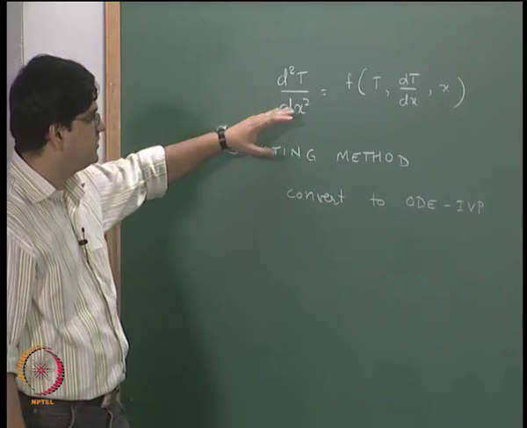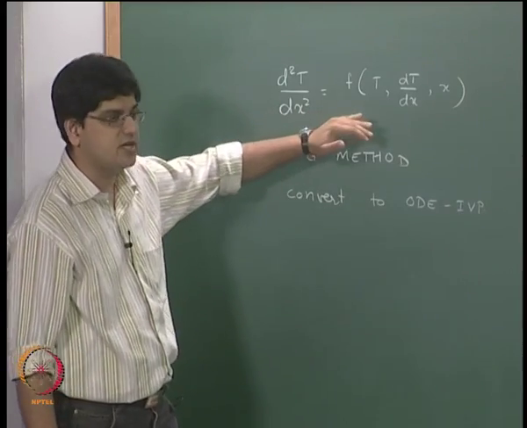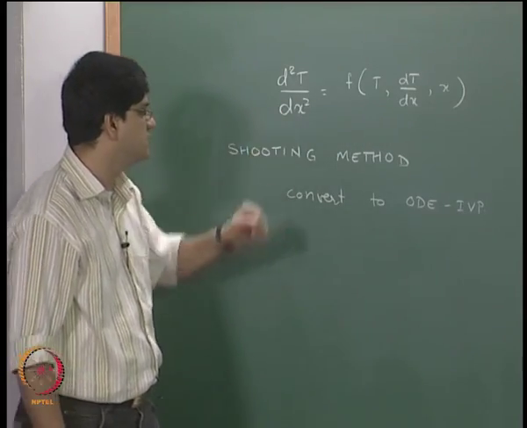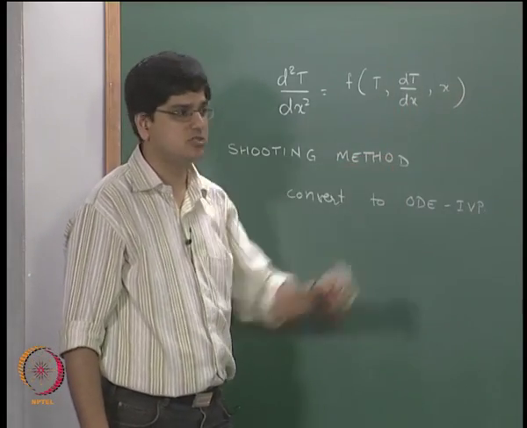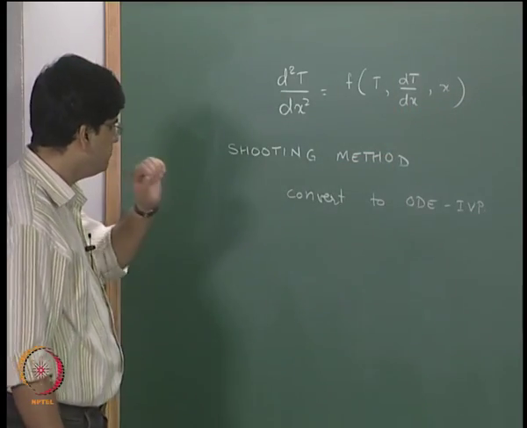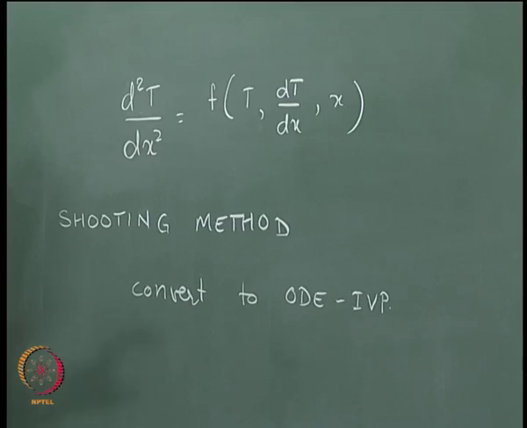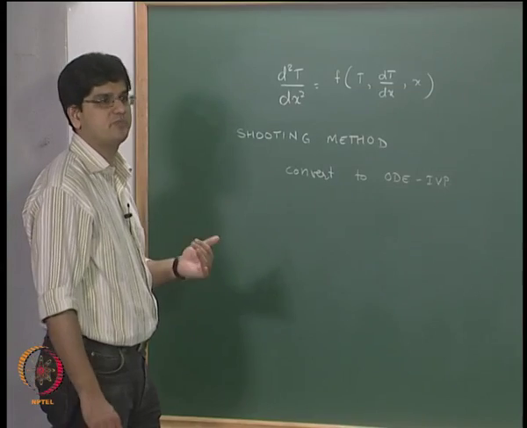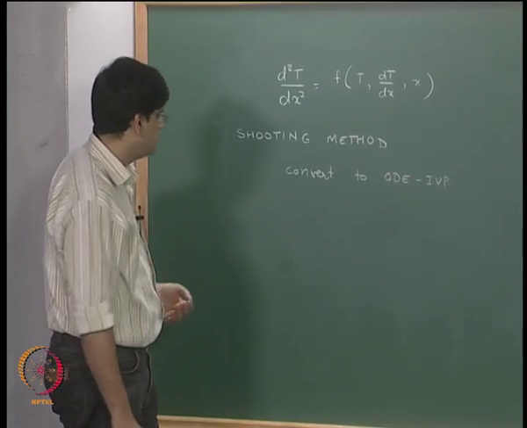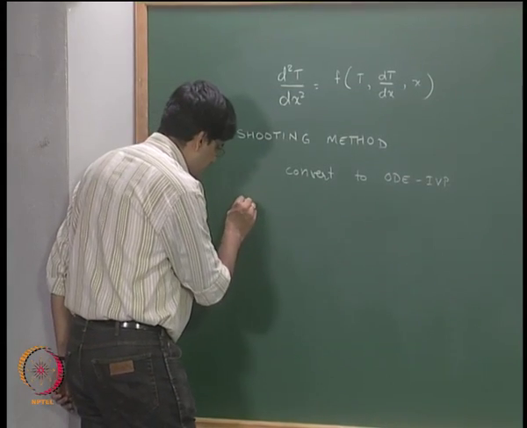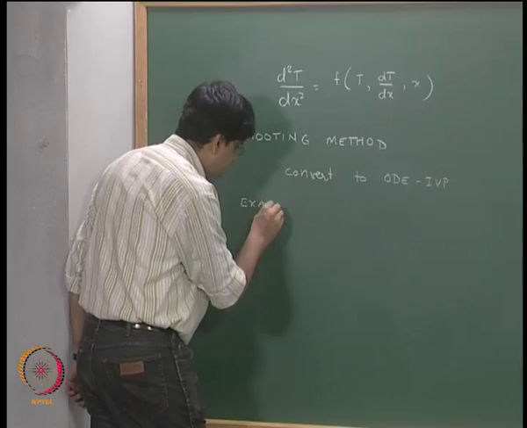Now this strategy worked for the heat conduction problem, where we had d squared T by dx squared equal to some linear function. In today's module, first I am going to take up an example where the shooting method is not going to work. The second example that we had spoken about in the first lecture was a reactor with axial dispersion, and that was our example 2.